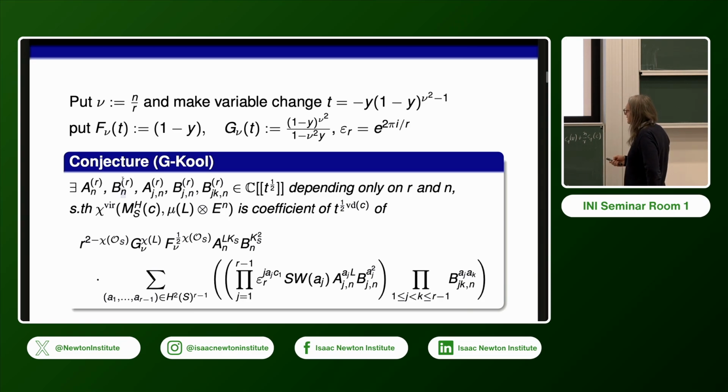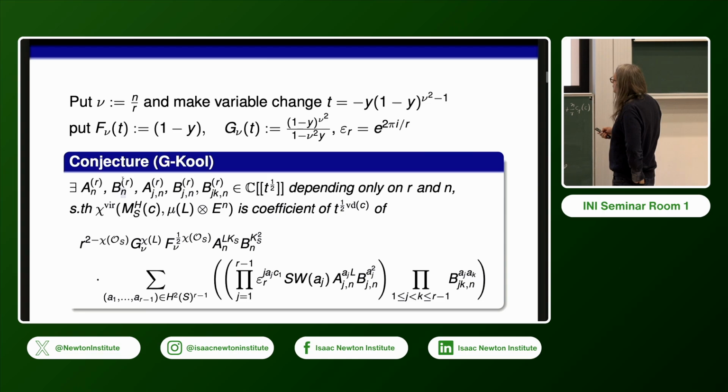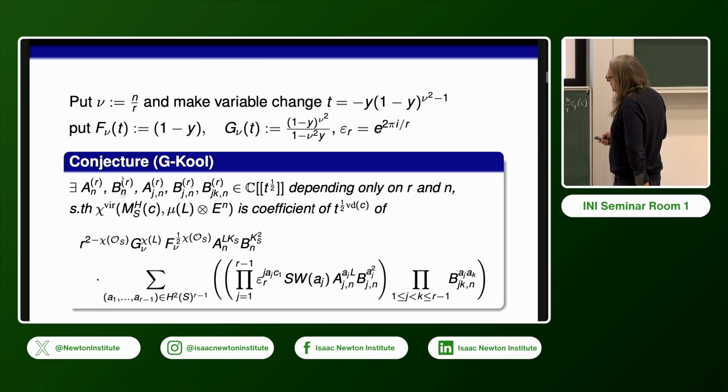So let me say it again. There are now a bigger number of universal power series. Some of them are these F_nu and G_nu, which have the same role as before. They correspond to taking the power of the holomorphic Euler characteristic of L and taking the holomorphic Euler characteristic of the surface. And as you see, they are actually the same power series we had before.